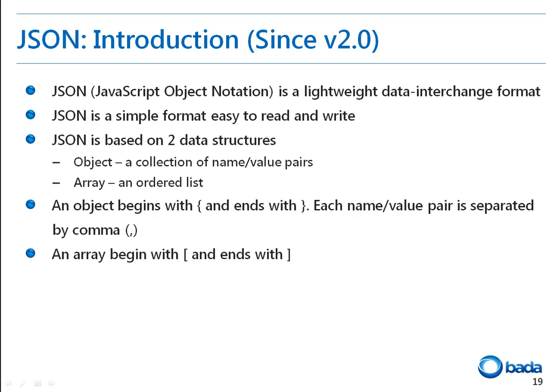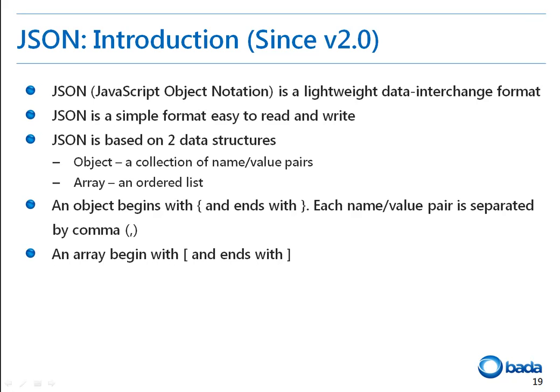JSON, or JavaScript Object Notation, is a lightweight data interchange format. It's used as an alternative to XML data. JSON is a simple, easy to read and write format. It's based on two data structures, object and array.